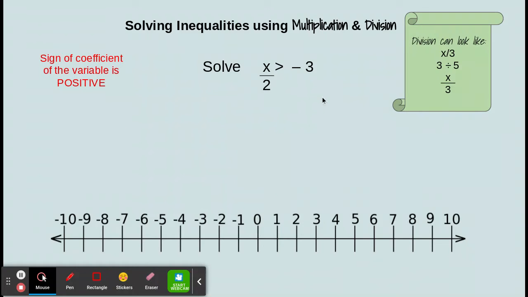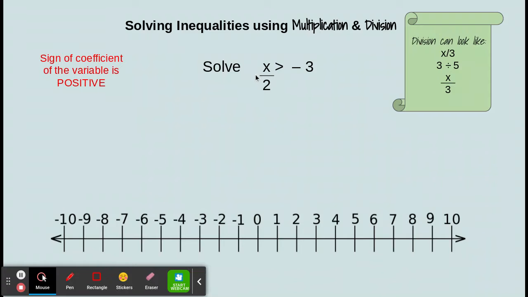And in these examples, especially in these first two, we have to make note that the coefficient of the variable is positive, okay? So both these first two examples, the coefficient of the variable is positive.